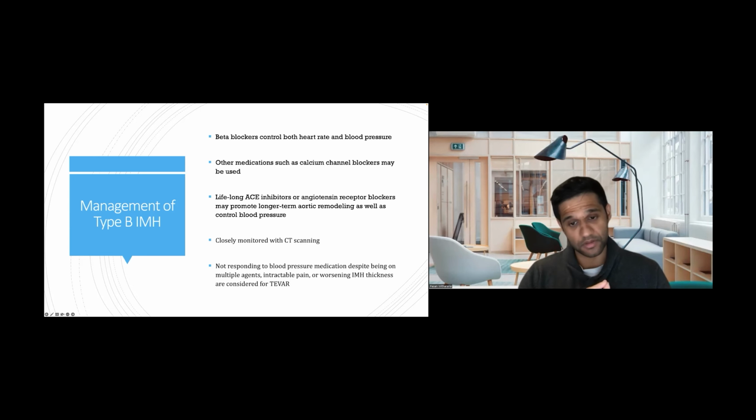Now, these have two advantages. Number one, it helps in the control of blood pressure. And number two, it helps in remodeling the aorta. Now, after an IMH, the aorta is not quite normal. So with the help of ACE inhibitors, it can help it to achieve some sort of normality compared to how it was before.